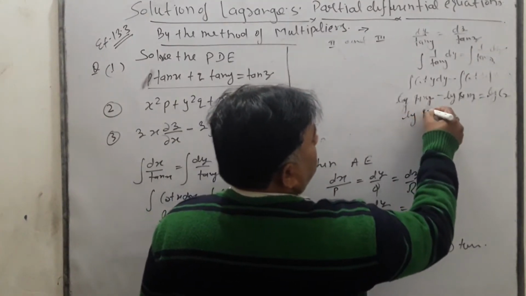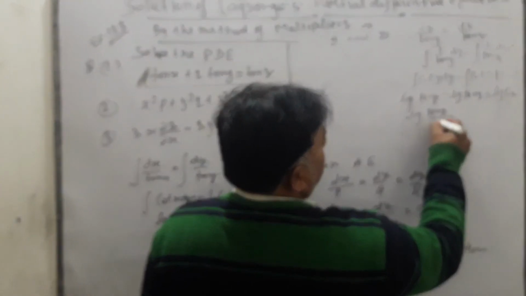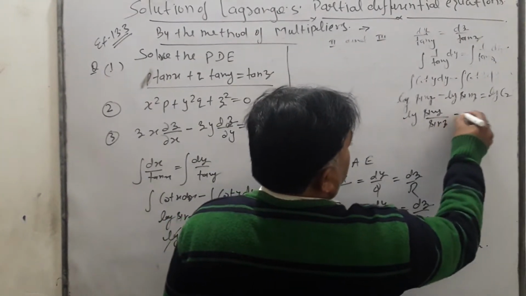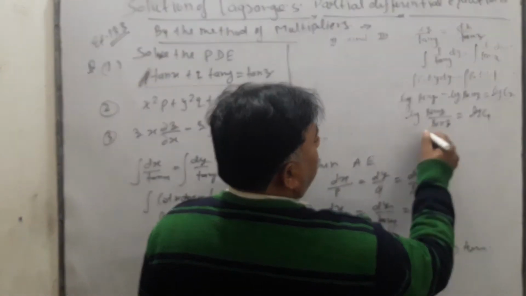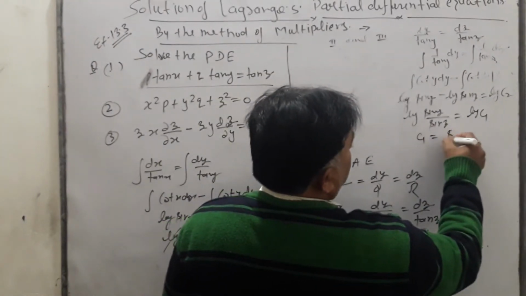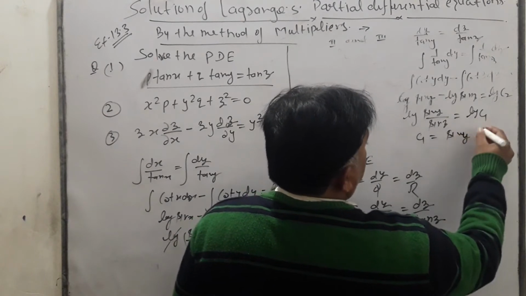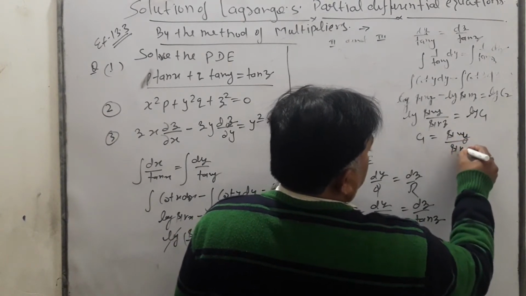Then the logs cancel out, and c2 equals sin y upon sin z.